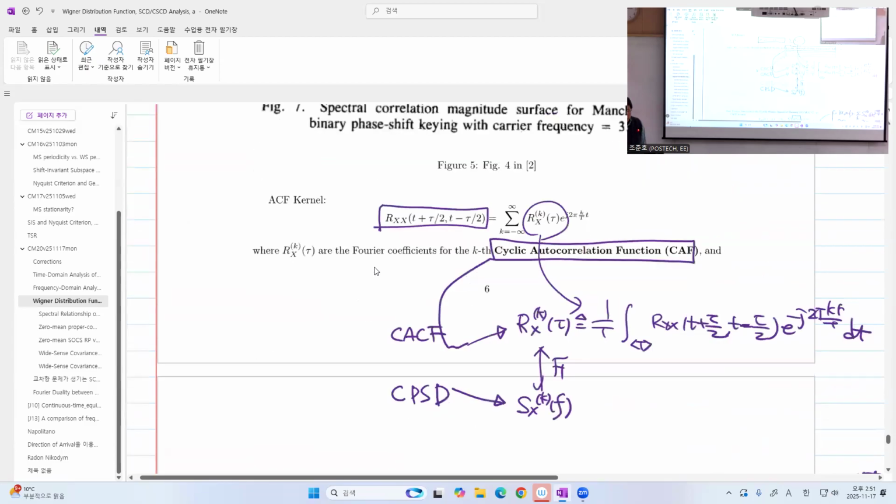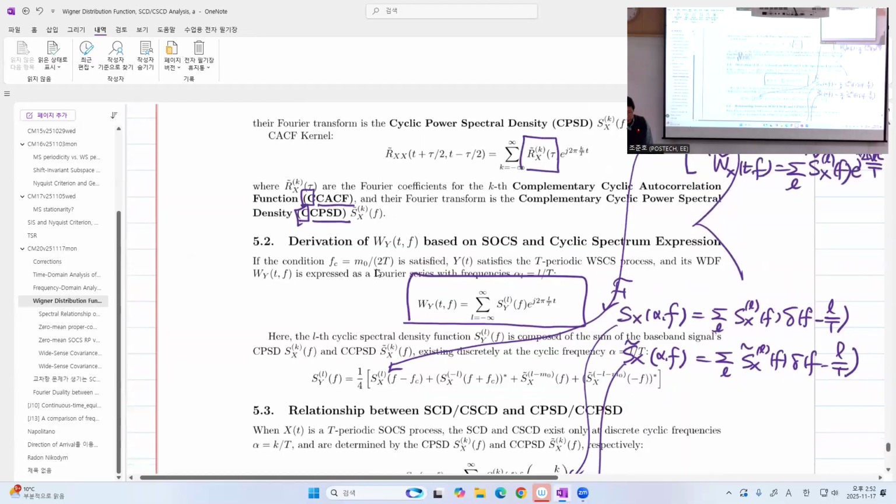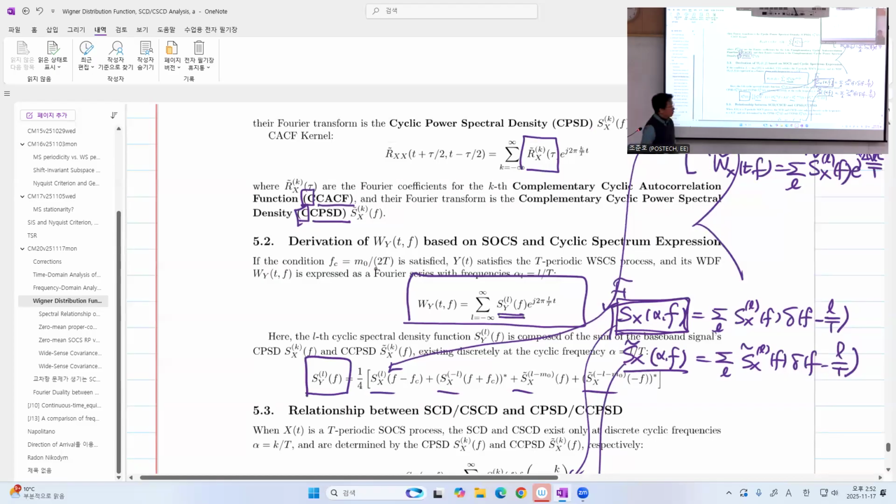Anyway, so that's why you have these two things that consist of the four components of the cyclic power spectral density of Y spaced like this.